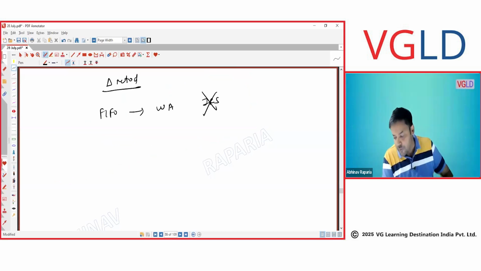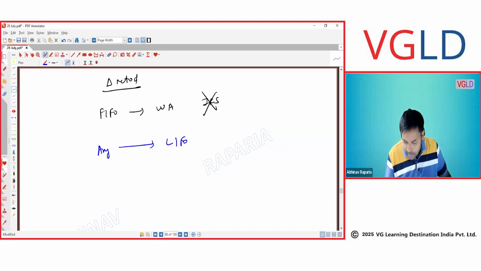So if you move from FIFO to weighted average, you don't need the IRS approval. But if you move from any method to the LIFO, then you need the IRS approval. Why? Because people may be moving to the LIFO to manipulate the taxes. That's why the IRS wants to look into it very carefully.